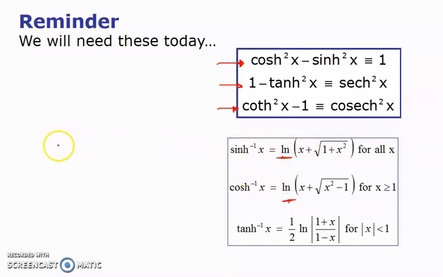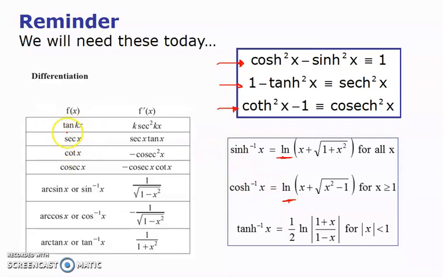So just be aware of that, and also perhaps make note of this, because even though we don't get told what tanh, for instance, differentiates to, you'll notice in our formula book, I mentioned this last time, you don't get given very much at all, but it does tell me that tan becomes sec squared. You can ignore the k's.